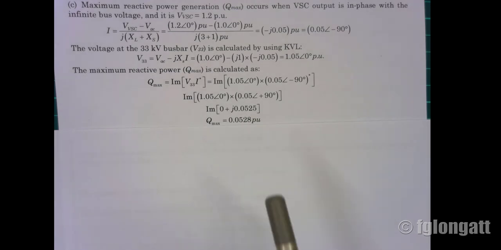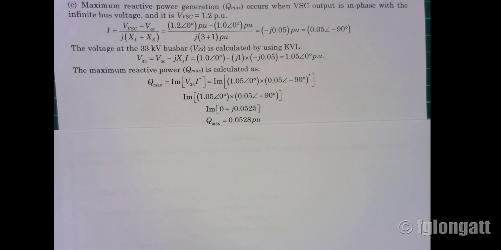Well, then, what I want to know is we have the output of the converter at the very end of the coupling reactor. And we call that point the 33 point, voltage 33. That is the terminal of the converter that is immediately after the reactor.